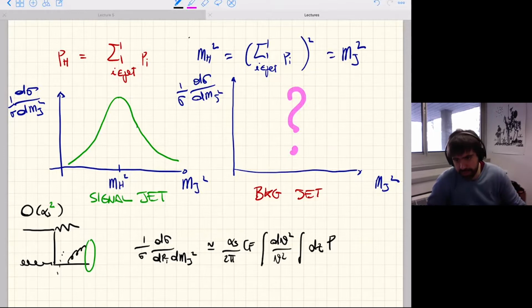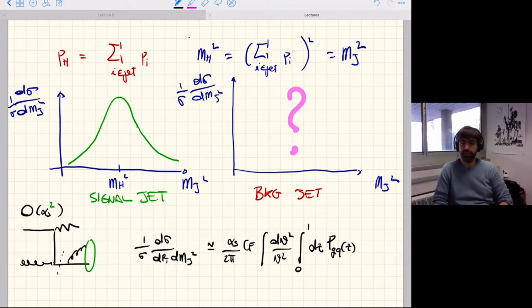This is a quark-to-quark-gluon splitting, called P_gq. It's a name, it doesn't matter. In principle, z goes from 0 to 1. And now I ask myself, what are the limits of the theta integral? Well, I want the two partons to be reconstructed in the jet, so theta should go from 0 to the jet radius.